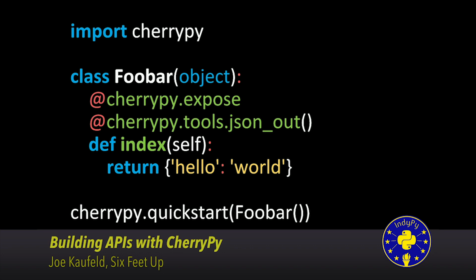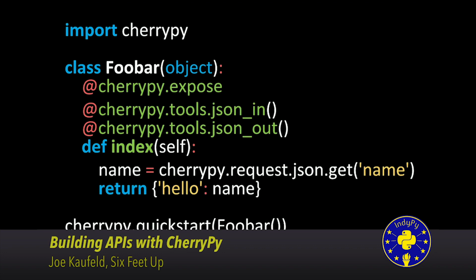But if you notice here, we're just sending JSON out. So how many lines do you think we need to add in order to take JSON in? This is an audience participation question. It is actually one.